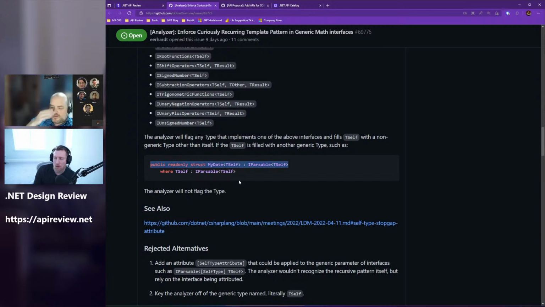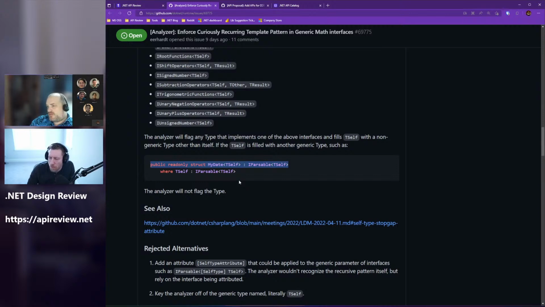Right. It's when you're defining something like MyDate is a sub of IParsable of DateTime. Yes. That's problematic because you don't have access to any of the IParsable DateTime functions.